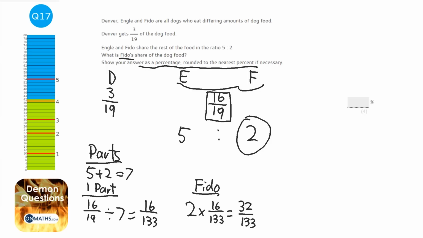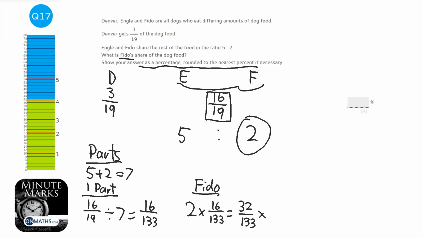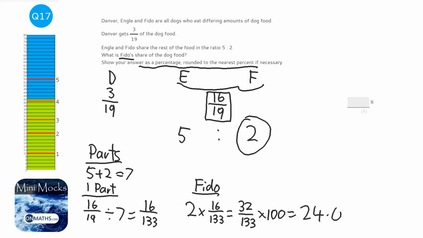So to work between fractions and percentages, I just need to times by 100. I'll do it on the calculator, times by 100, and press S to D if it comes up as a fraction. And it says 24.060 blah blah blah. So to the nearest percent, Fido gets 24%.